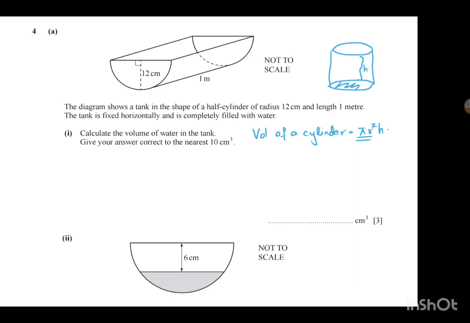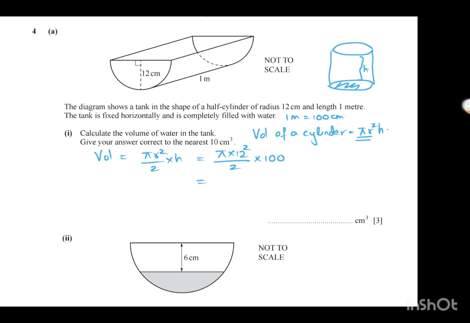So here in this case the cylinder is half. So for that we have to find the volume of this half cylinder by doing pi r squared divided by 2 multiplied by height. So that will be pi into 12 squared by 2 into height, which is 1 meter. So we have to change it into centimeters. So let us write here 1 meter is equal to 100 centimeters.